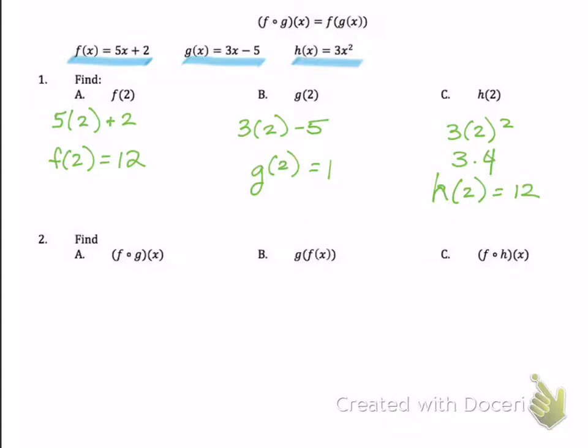Then for number 2, it says f of g of x. So I'm going to rewrite this first. The process I take is I rewrite it as f of g of x. Like on the last lesson, when everywhere I saw an x, I replaced it with 2x, or with x plus 2, now everywhere that I see an x, I'm going to replace it with g of x.